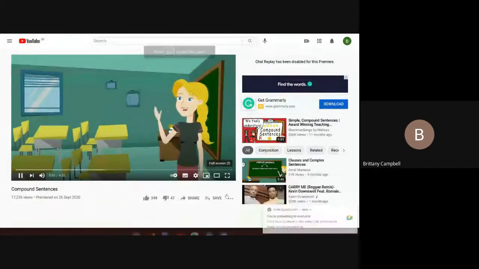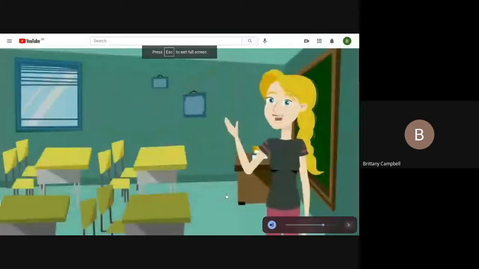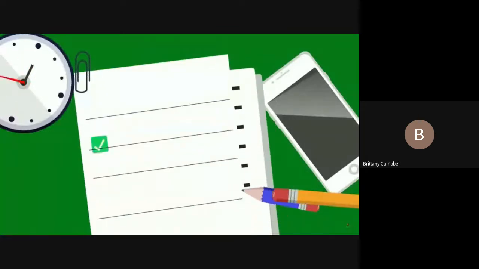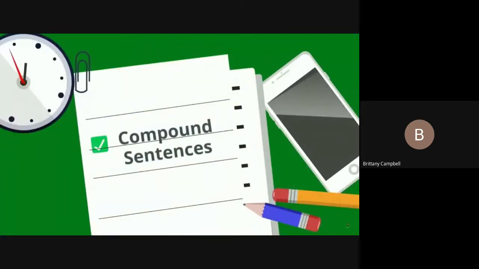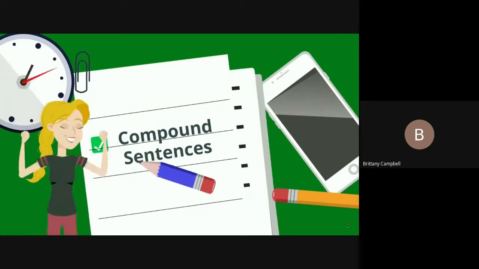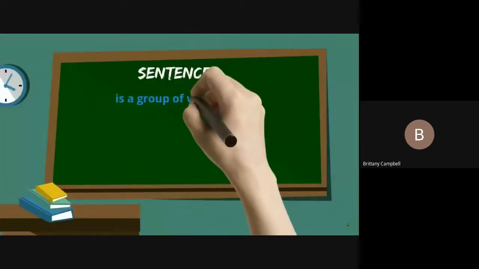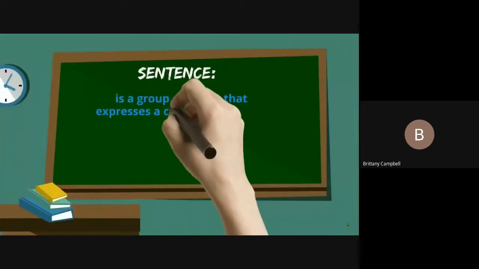Hi everyone and welcome to my class. In this video, you will learn all about the compound sentence. And by the end of this video, you will be a great writer because you will be able to write a compound sentence. Isn't that cool? Well, let's get started. A sentence is a group of words that expresses a complete thought.